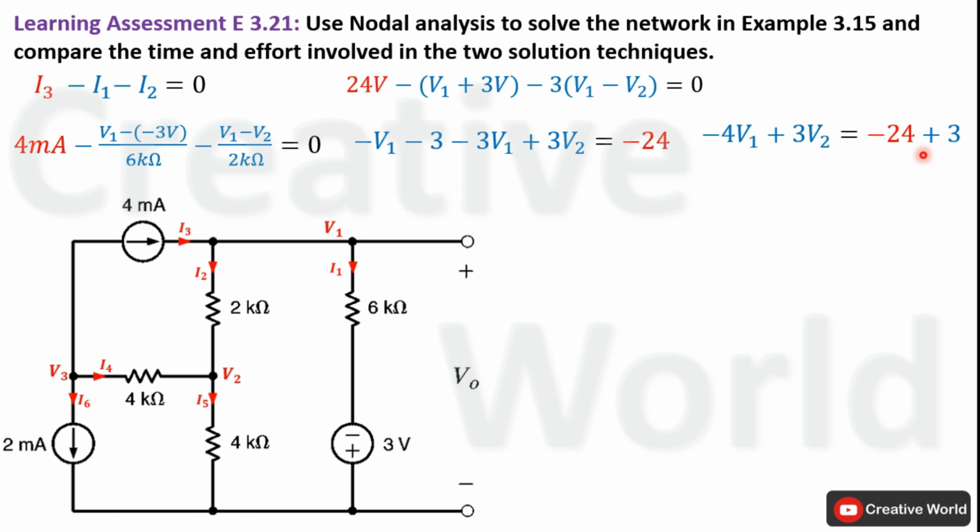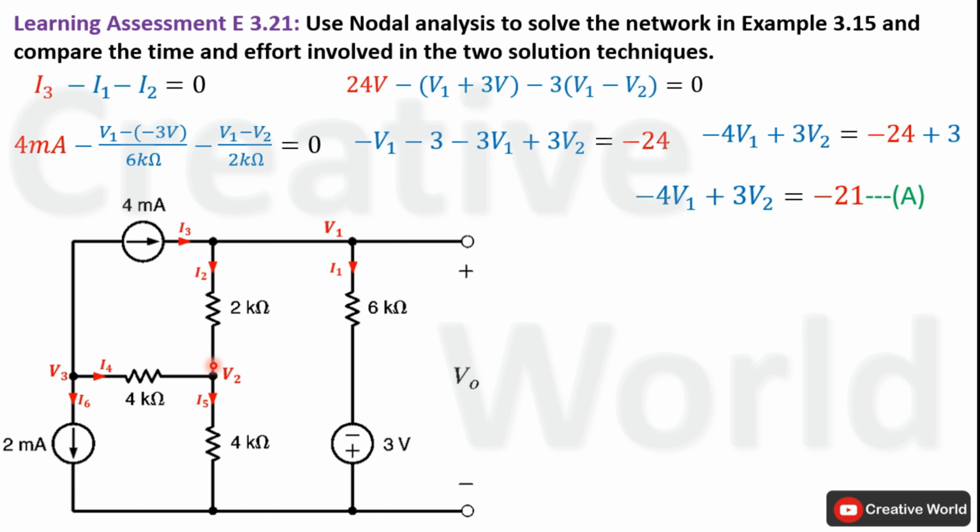Add minus 24 and 3 together. The equation will become minus 4V1 plus 3V2 equal to minus 21. Now we cannot further solve this equation, so we will leave it for now and label it as equation A. It is the first node voltage equation of this network.